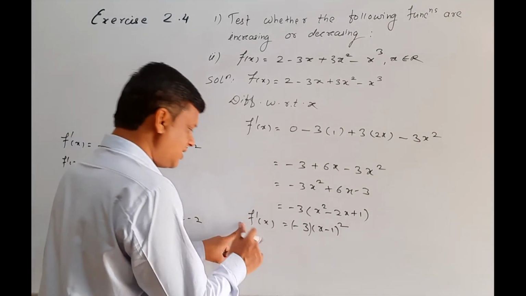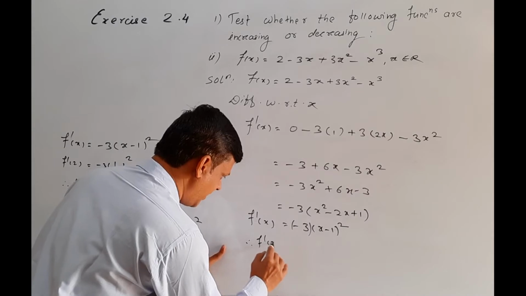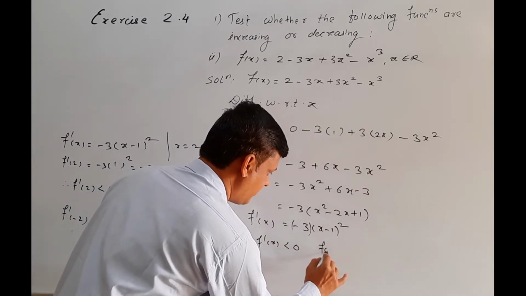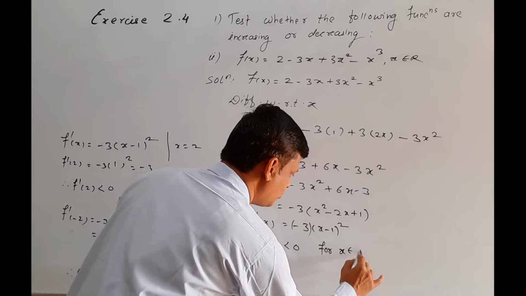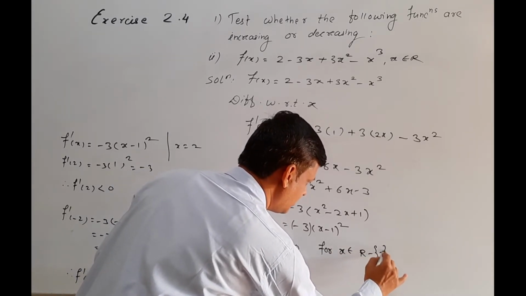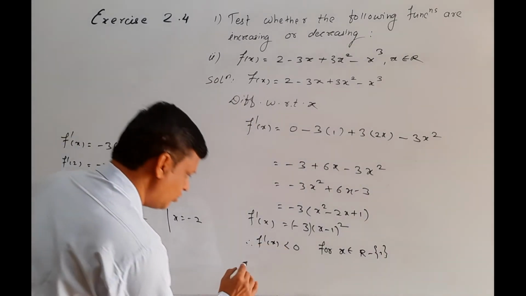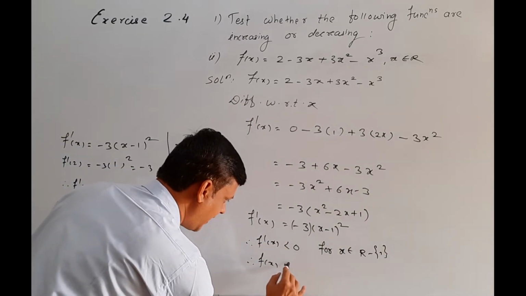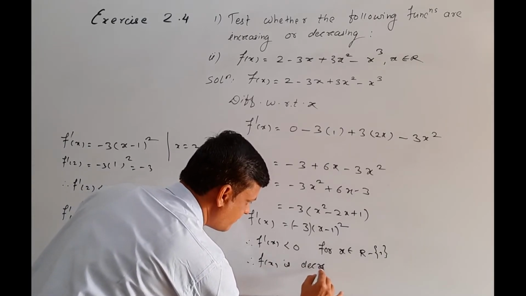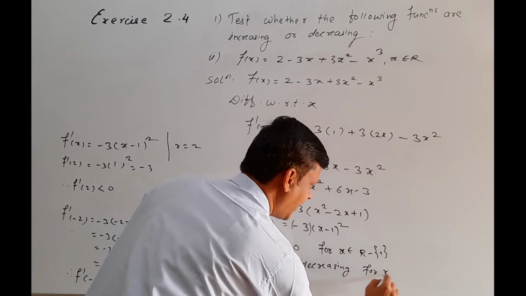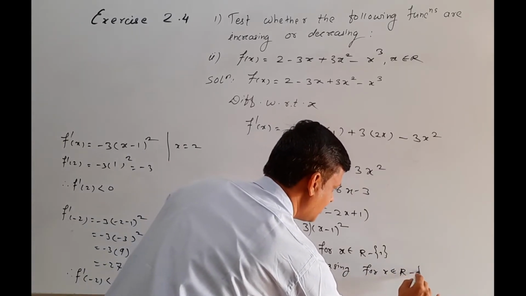So here we say therefore f dash of x less than 0 for x belongs to R minus 1. That means excluding 1 we get f dash of x less than 0. Therefore f of x is decreasing for x belongs to R minus 1.